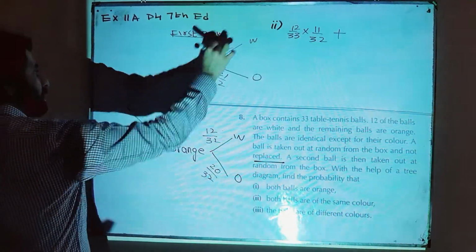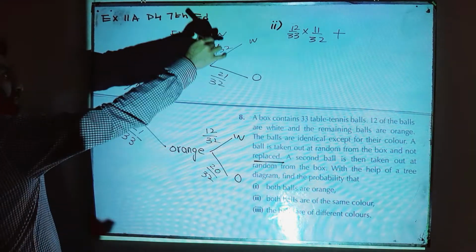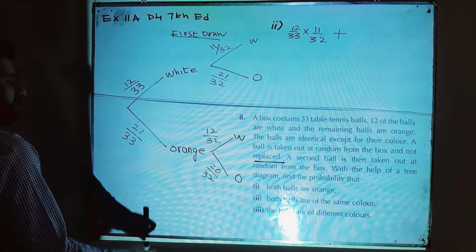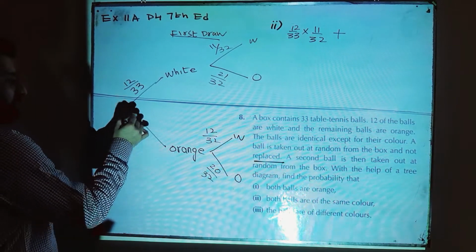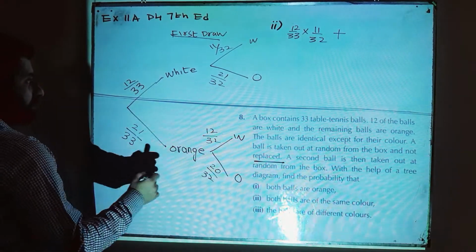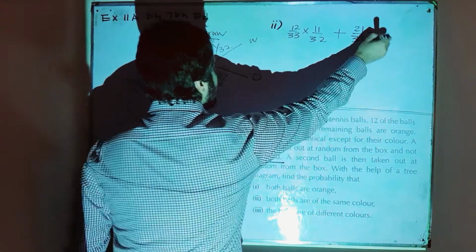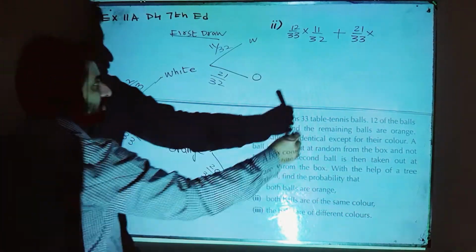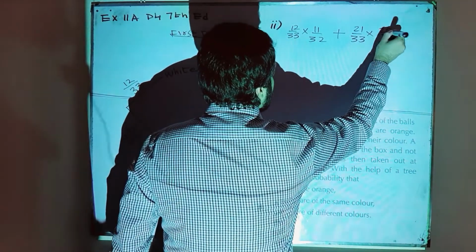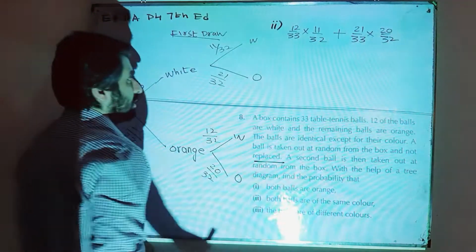Along the branch you need to multiply the probabilities, across you have to add. And the second case for same color is orange and orange, 21 by 33 into 20 by 32, right?